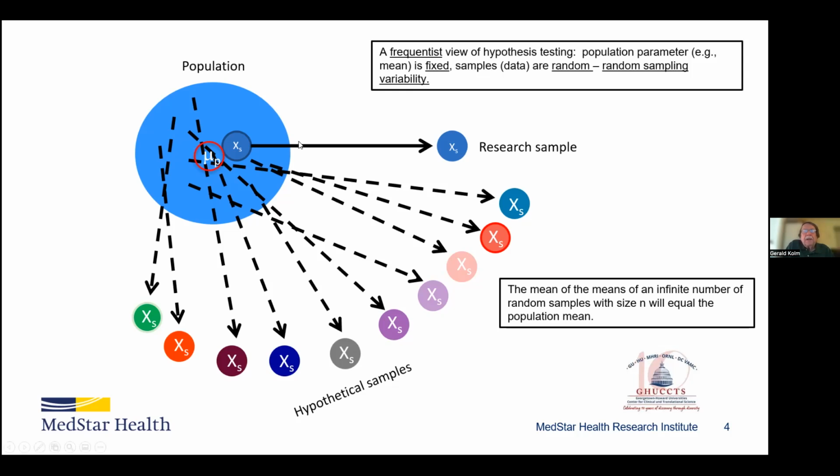But of course, when we do research, we only get one chance at it, so we only get one research sample. But the statistics that we calculate are based on the idea that we could do an infinite number of samples from the population.